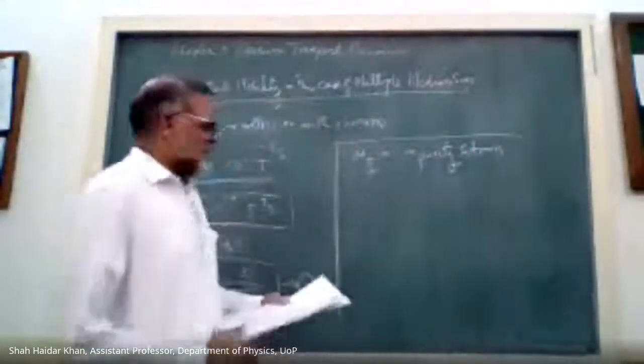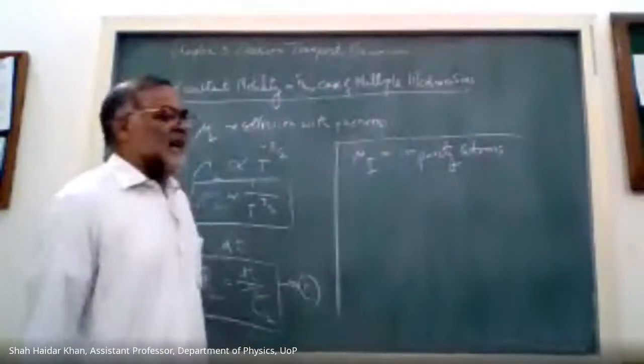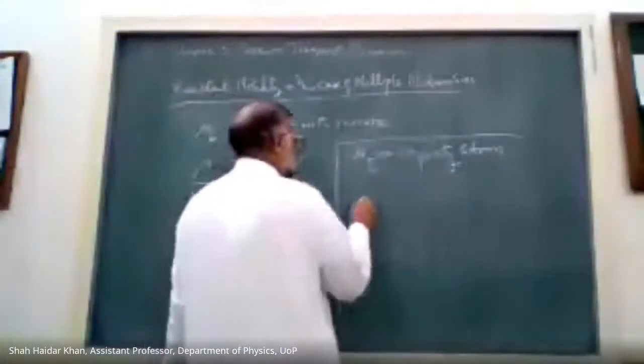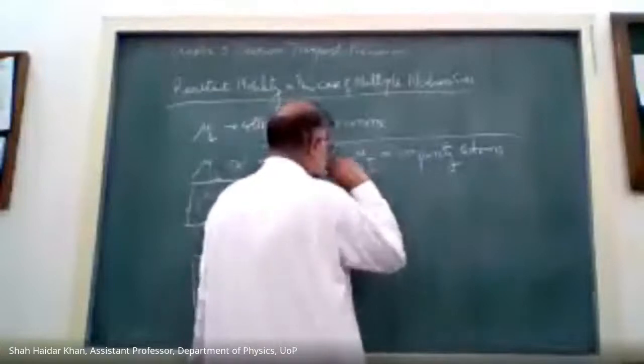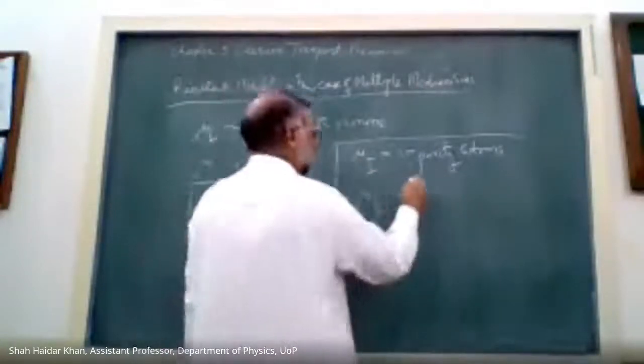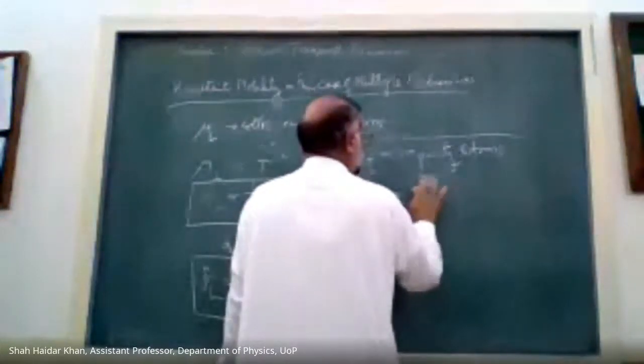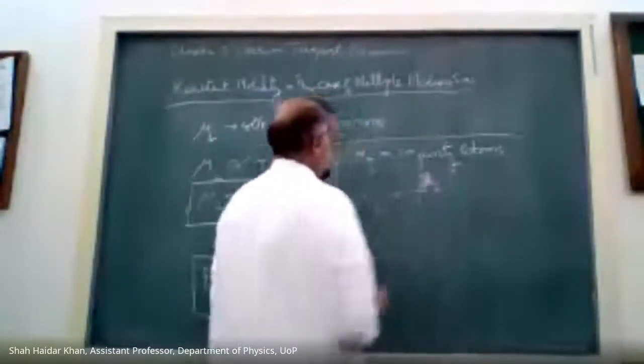Here mu I is proportional to T to the power 3 by 2. Remember, it's different from that.